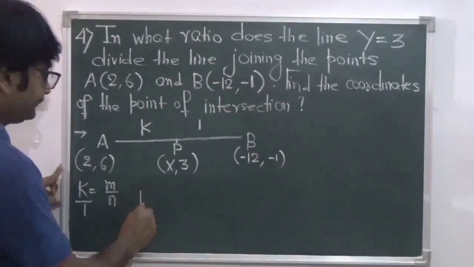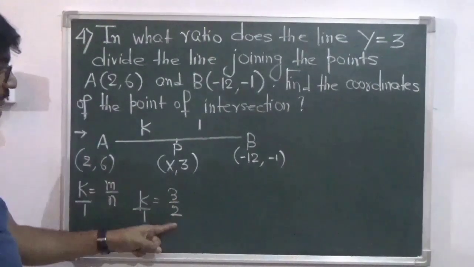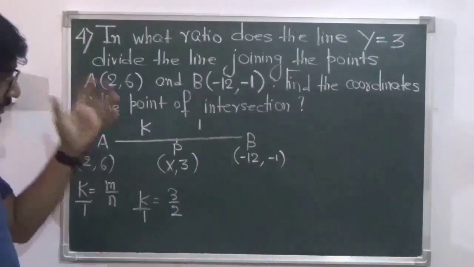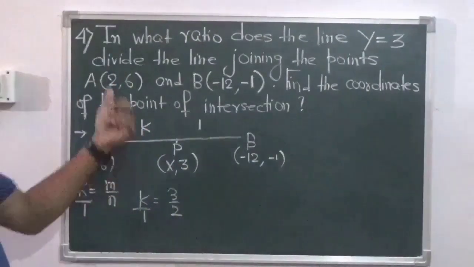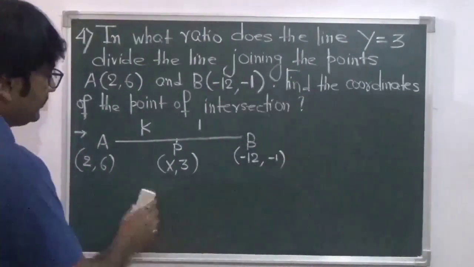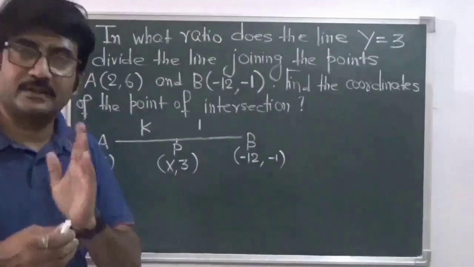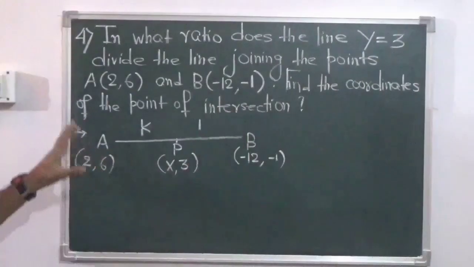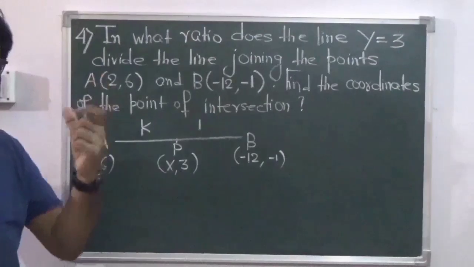Supposing k is 3 by 2, then k by 1 is 3 by 2, so the ratio is 3 is to 2. Whenever you have to find the ratio, you can take it as k is to 1. You can also do it using m is to n, but here we take k is to 1 so that we deal with only one variable, k.